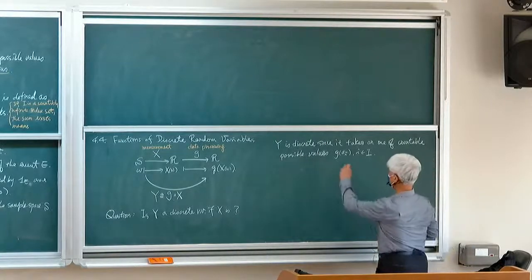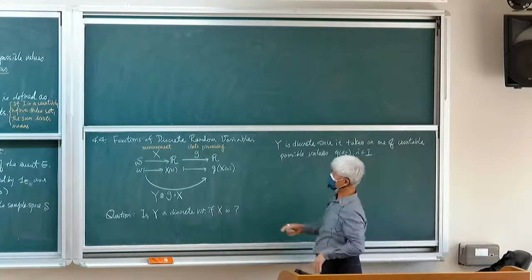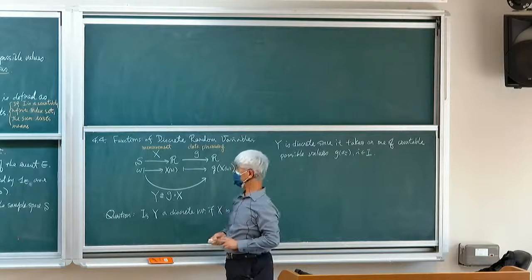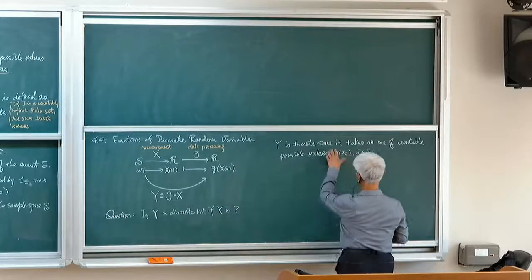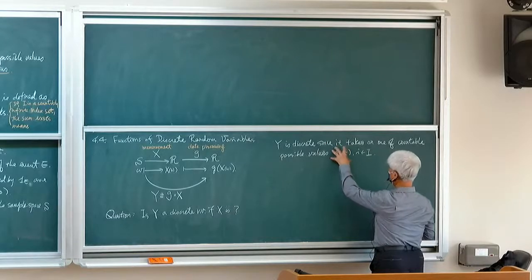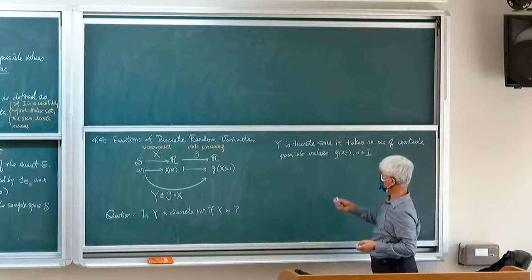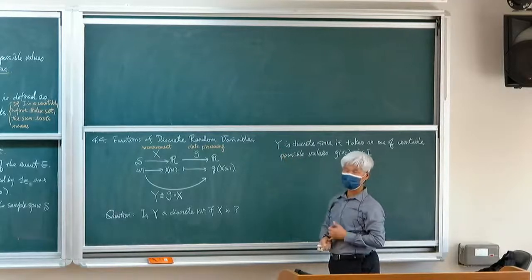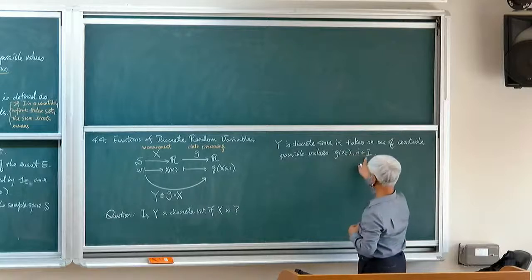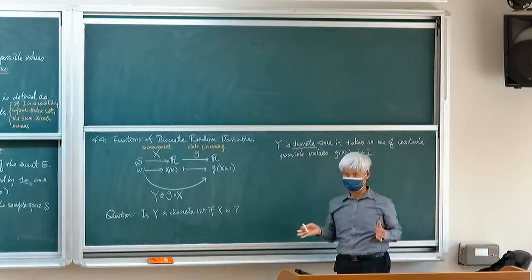So the possible values a_i of this measurement x after data processing, they are all possible values for the function y. And it's countable, of course, because of the index. So y is discrete. No problem.